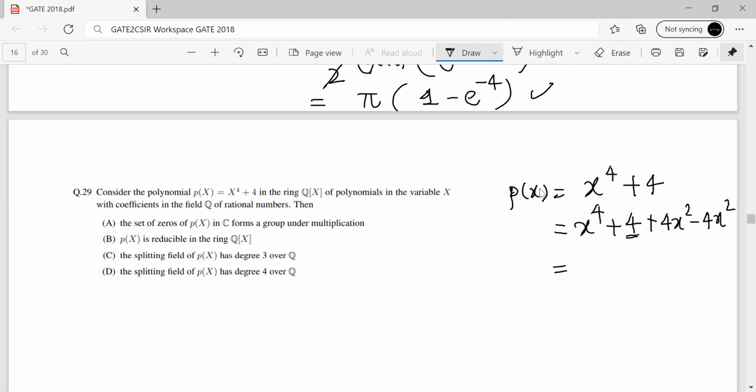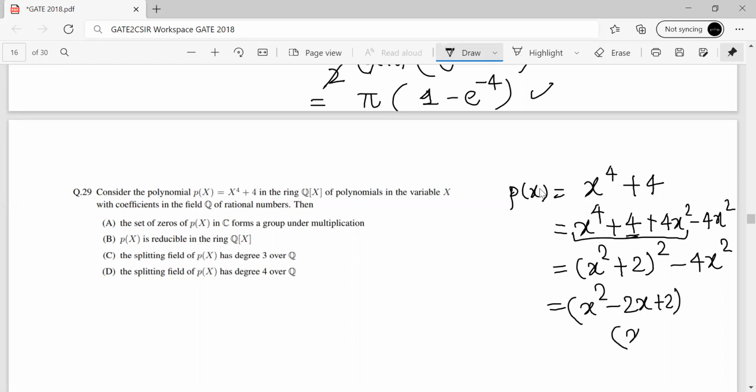So if I write it like this, it is x square plus 2 whole square, and this part will be minus 4x square. Now you can split it: x square minus 2x plus 2 into x square plus 2x plus 2.